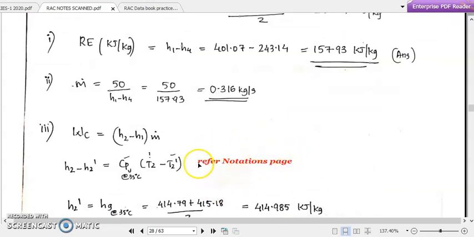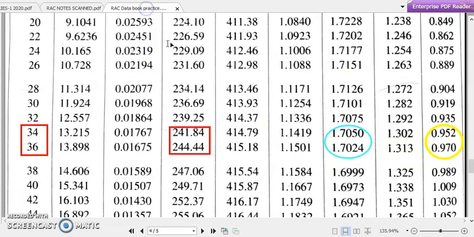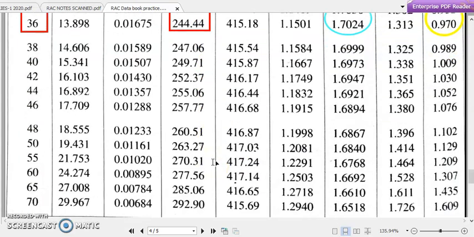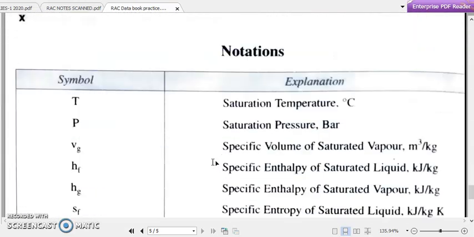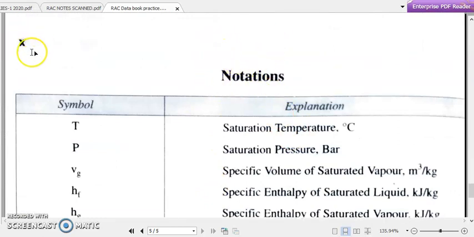Otherwise you can refer to the notations page of our data book. This is the notations page of our data book. In my data book, the page number is given as Roman numeral 10.